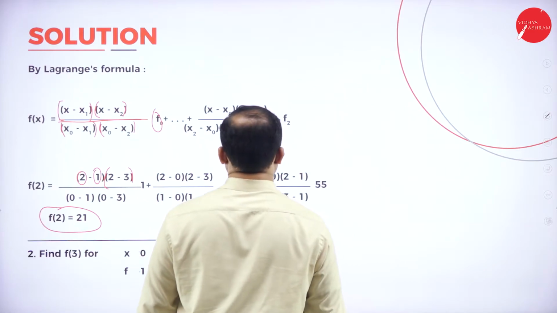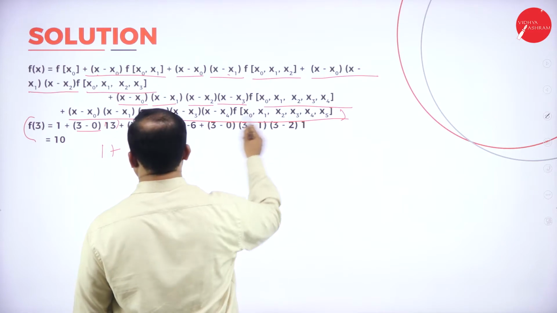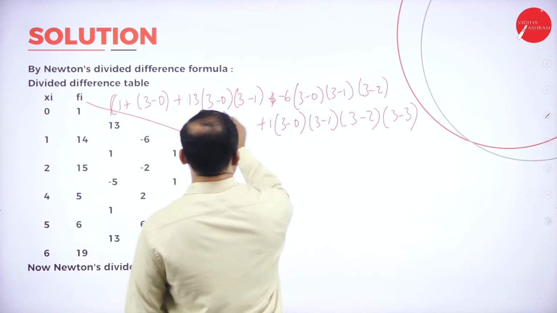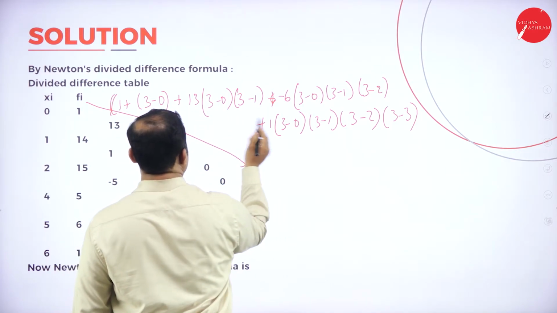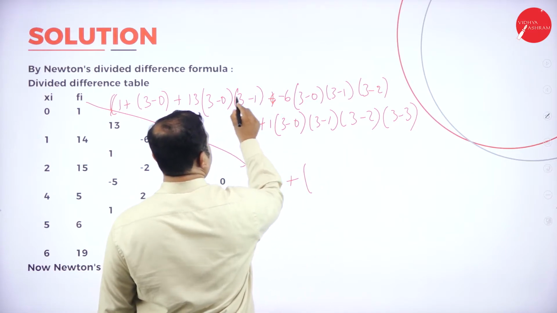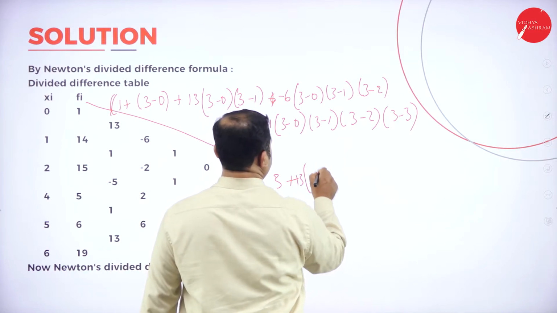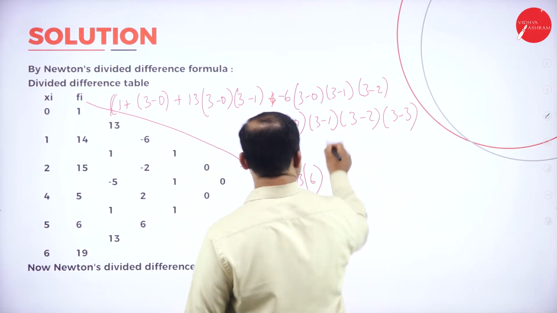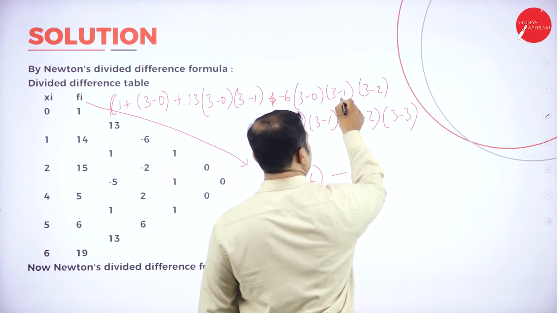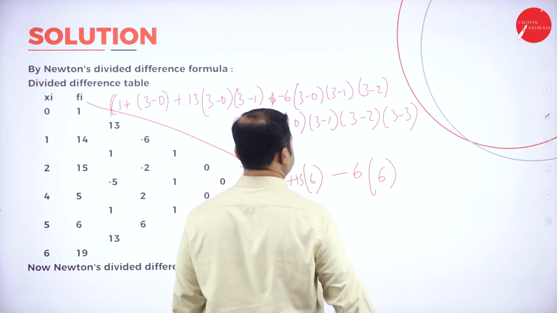See the terms like this: 3 minus 0, 3 minus 1, 3 minus 2 into 1. So totally that turns out to be the value equal to this term. 3 minus 0 is 3. 3 plus 13 into 3 minus 1 is 2, that is 26. Minus 6 into 3 into 2, 6, 6 into 1 is 6, that is 36.